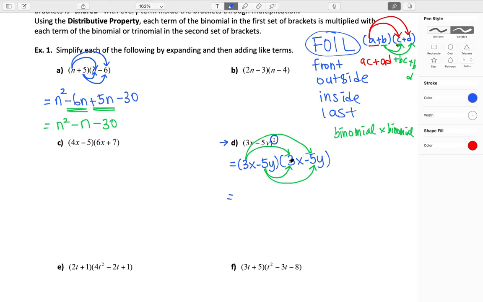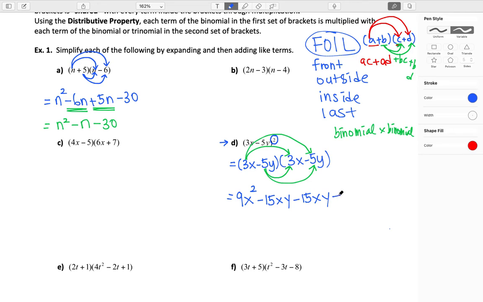So 3x times 3x is going to be 3 times 3 is 9, x squared. 3x times negative 5y is negative 15, x times y, which is xy. So we have negative 5y times 3x is negative 15xy, same thing. I put it in alphabetic order. And then we have negative 5y times negative 5y.